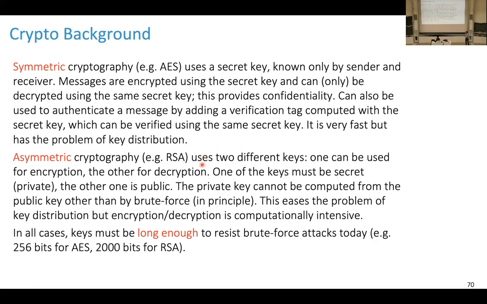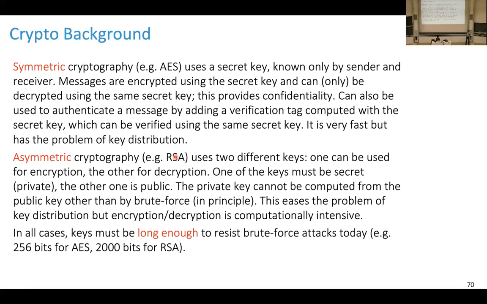So the most widespread algorithm is called RSA, and the idea here is that it uses two different keys. Each entity will have two keys, a key which is private and a key which is public. The public key is accessible to everyone, but the private key is just for one side of the communication.